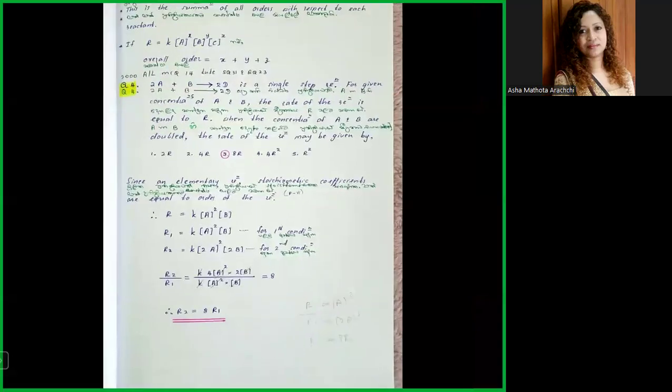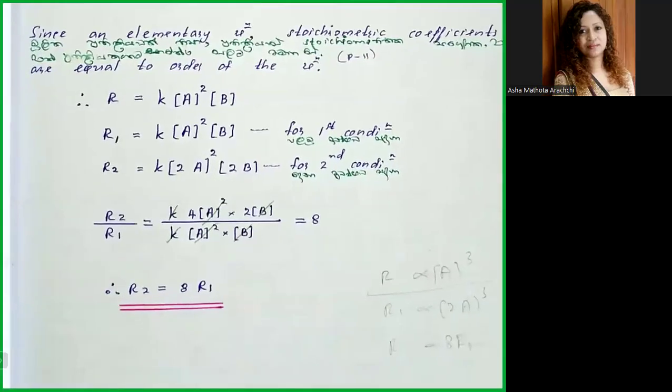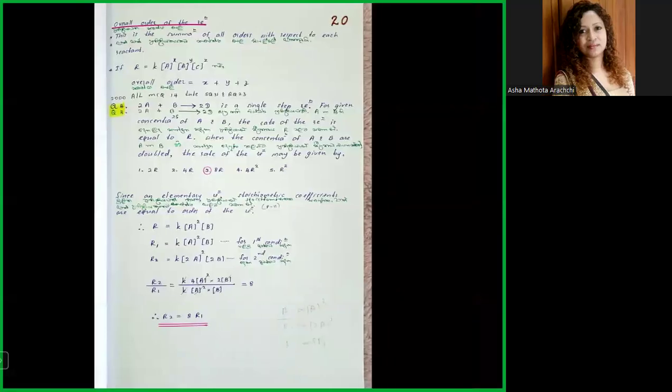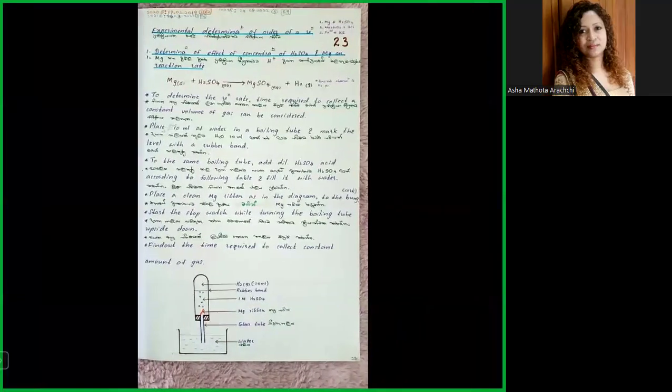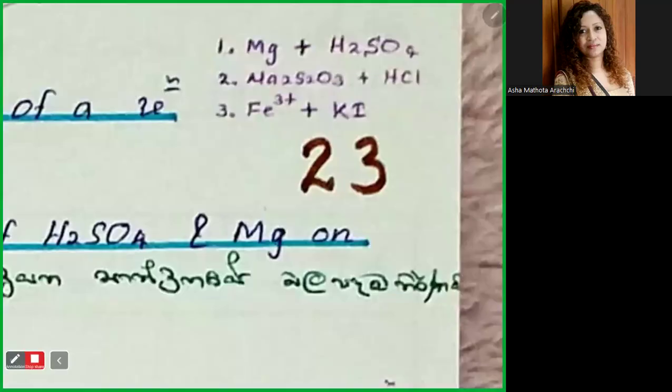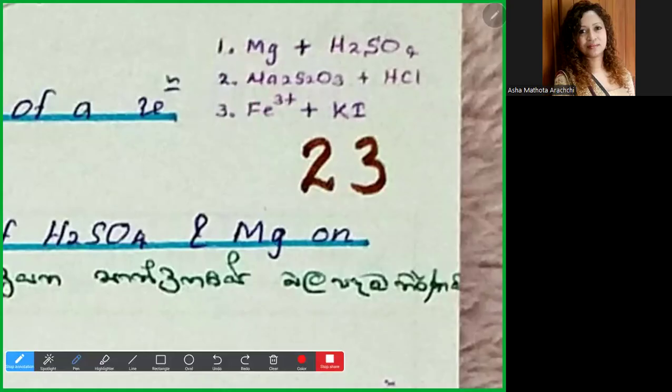Anyway, after this we are going to understand these 3 different experiments. We're going to do 3 different experiments to understand the reaction rate and to calculate the order.